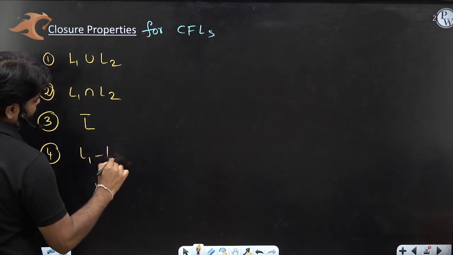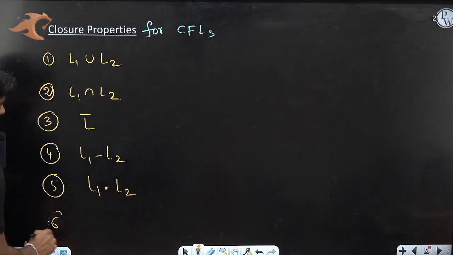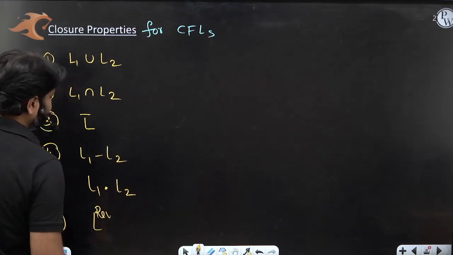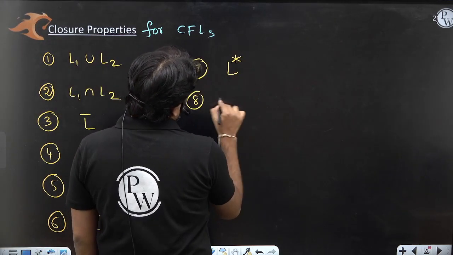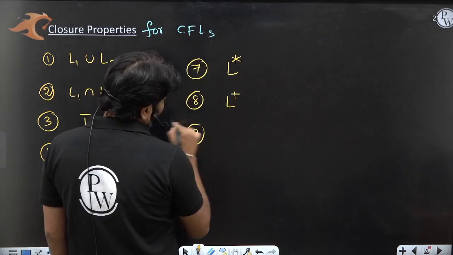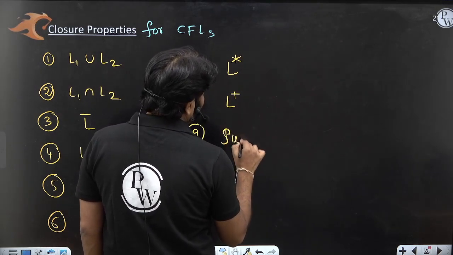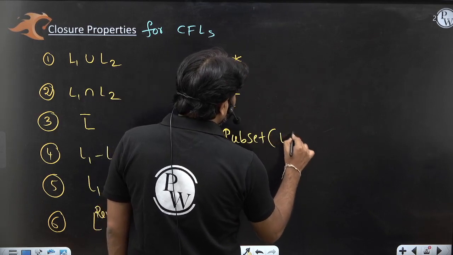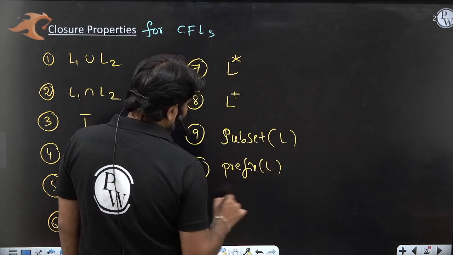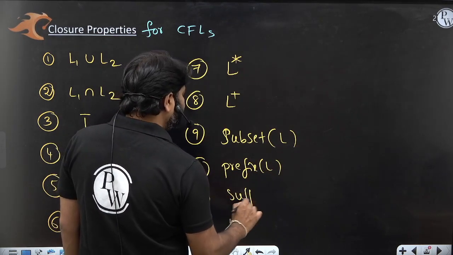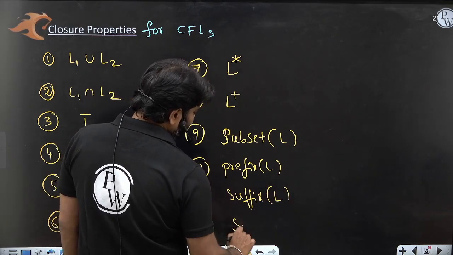And difference, concatenation, reversal, Kleene closure of CFL, positive closure of CFL, and then subset of CFL, prefix of CFL, suffix of a CFL, and then substring of CFL.